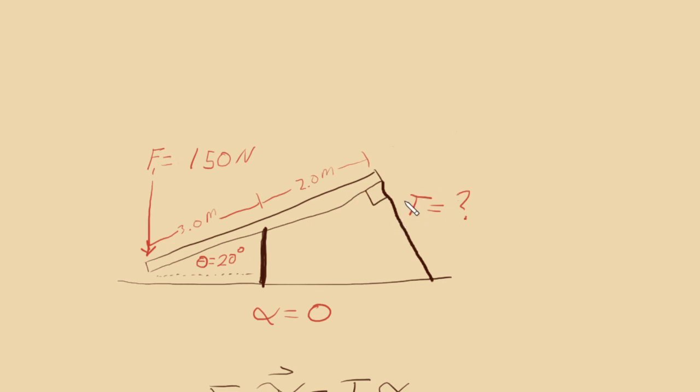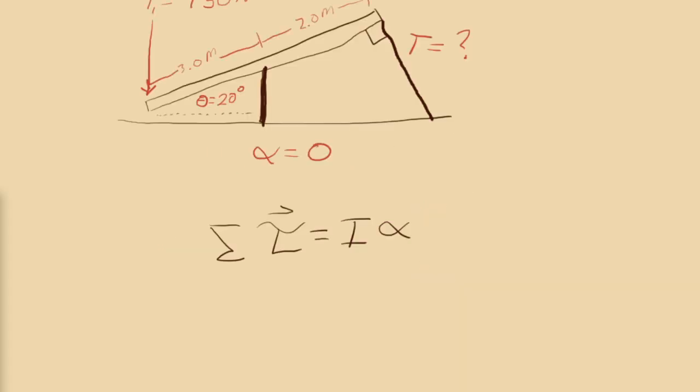If we want to figure out what the tension in this rope is, we could just solve the sum of torques equals our moment of inertia times our angular acceleration.